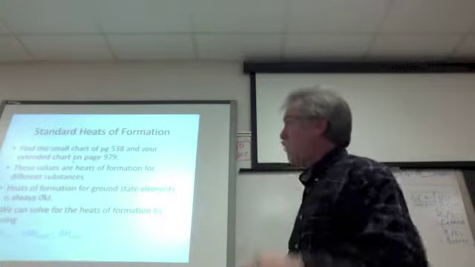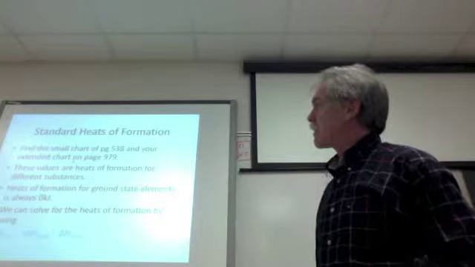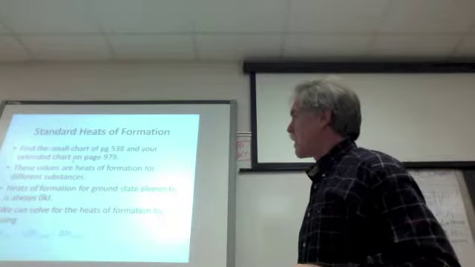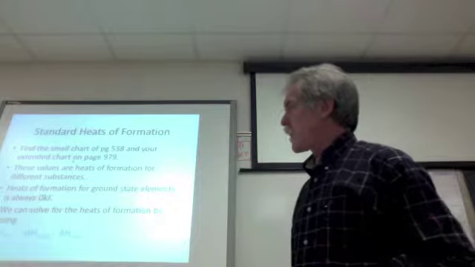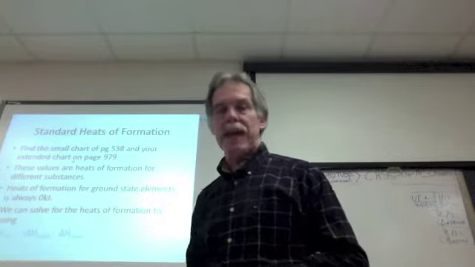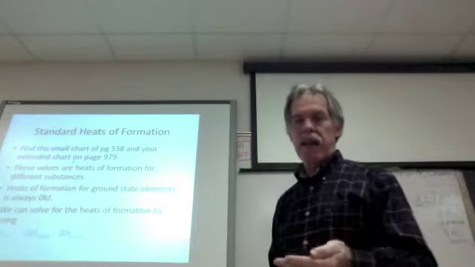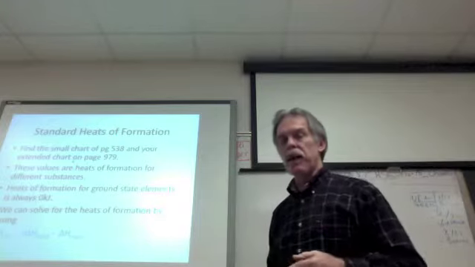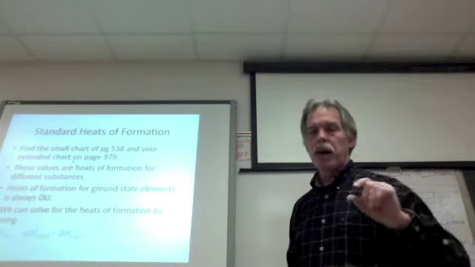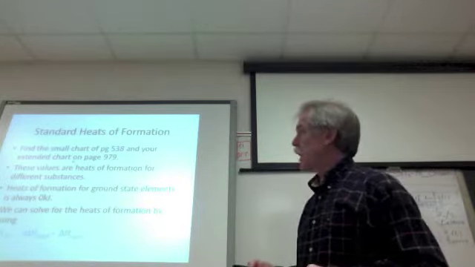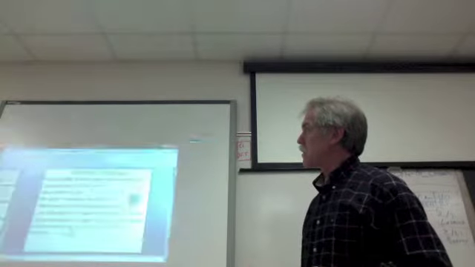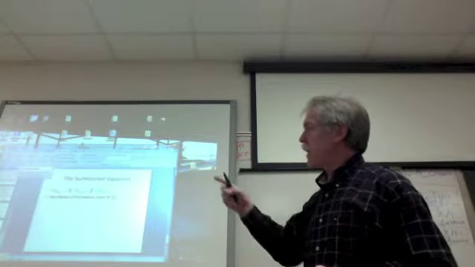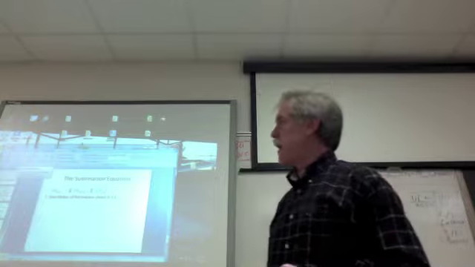The standard heats of formation, that's the next thing. Basically, you're using delta H equals the products minus reactants. There's a chart that I've handed out in class that's R11. Look it up. You look up your products and your reactants, and we use our summation equation, that last equation on the last page.